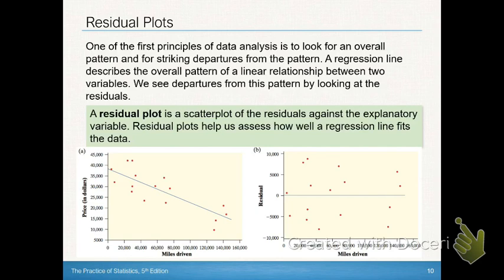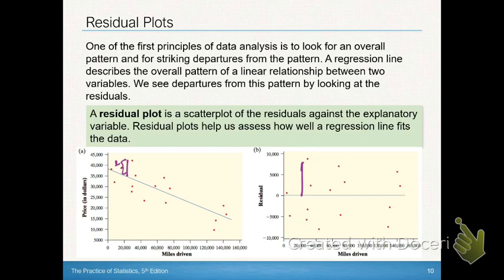So remember, the residual was how far away each of these points was, so this distance here is your residual. It's taking each of those points and putting them over here and saying how far away was that point from the actual value. So that's what's being plotted here on the y-axis.